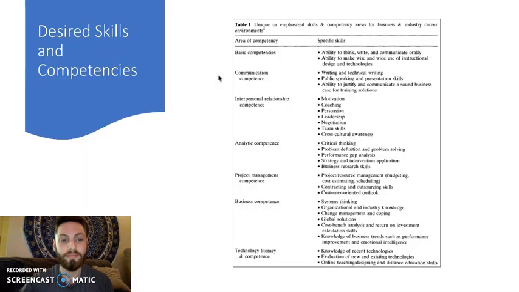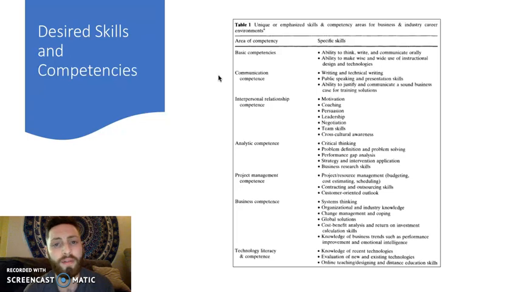So some desired skills and competencies. Now, we've read in the textbook this semester, or this half of the semester, that there are numerous beginner, intermediate, and advanced competencies that an instructional designer must be able to understand and really execute throughout their future instruction.